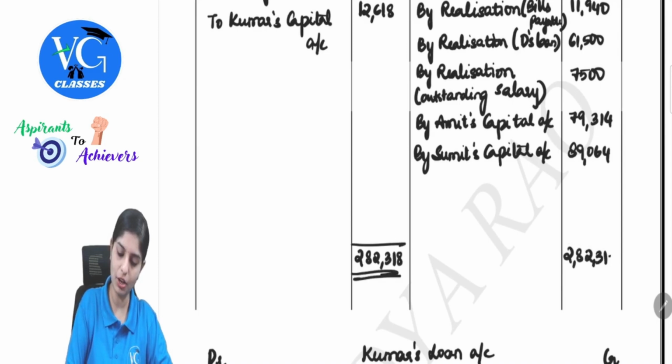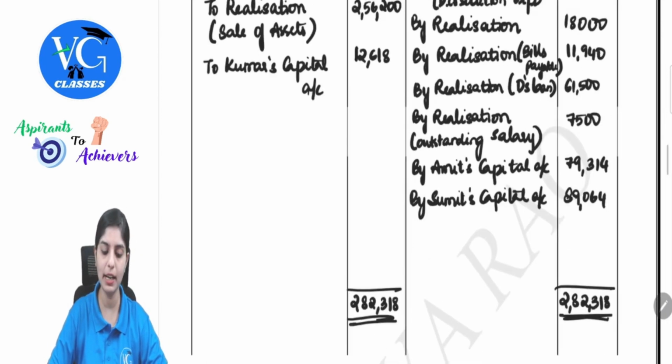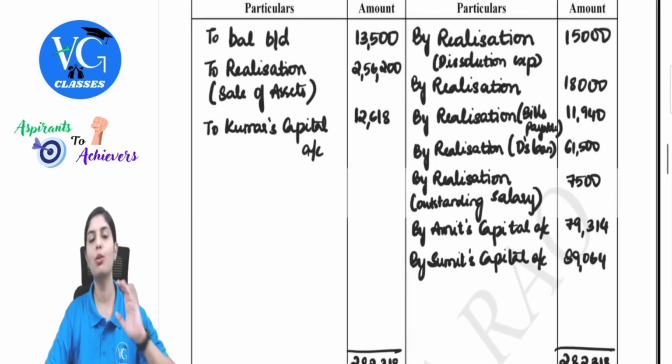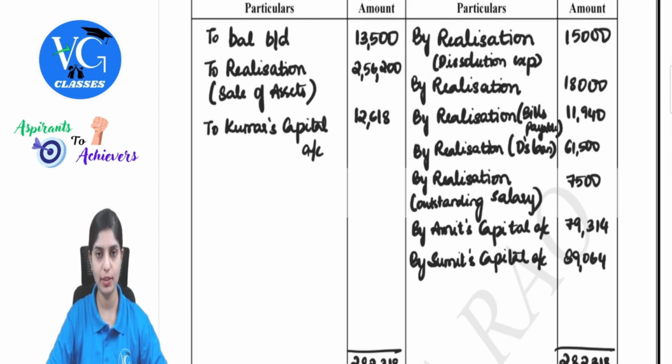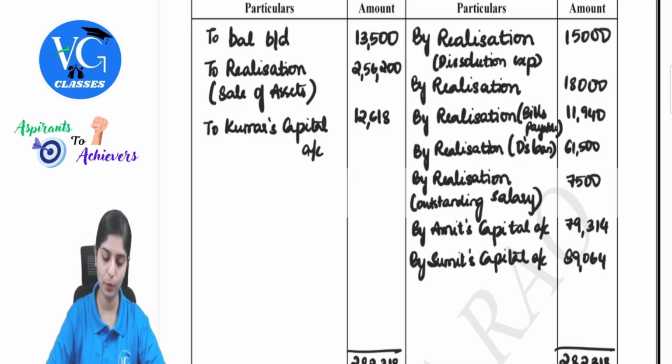So if your bank account tallies, it is just an indication that whatever treatments you've made is correct, because ultimately every account is getting closed in dissolution. So bank account will be at the last resort. Why? Because we will have to record all the realization and settle whatever dues are supposed to be provided.